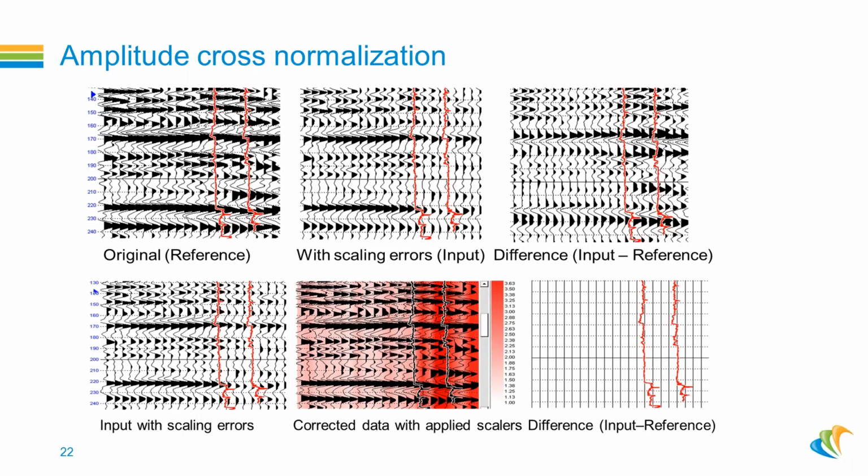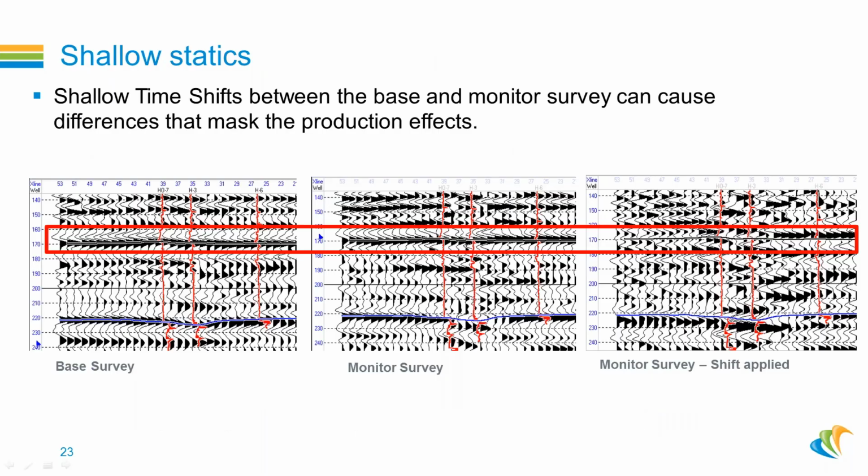Shallow statics: these are the places above the reservoir. We see some variation. This is due to differences in acquisition and processing. We need to remove those variations because these shallow time shifts can cause differences that mask the production effect.